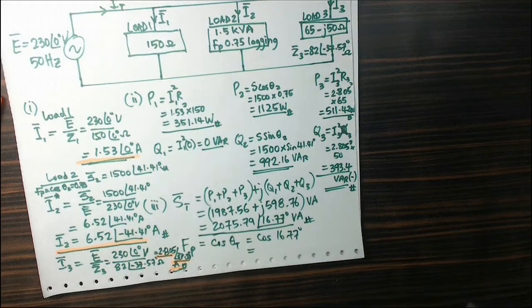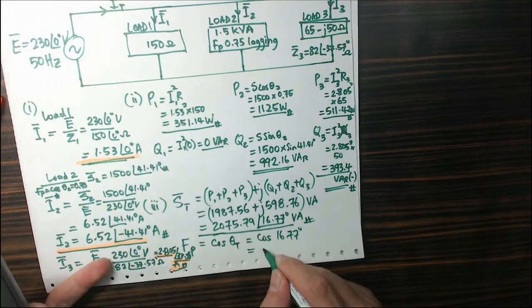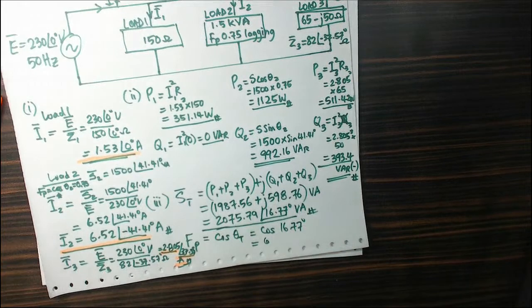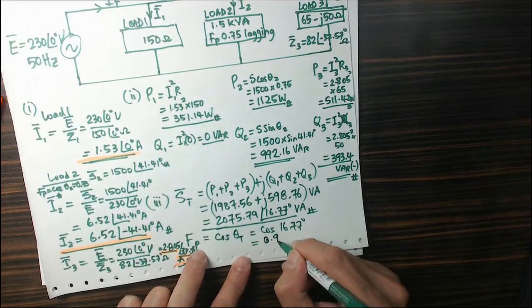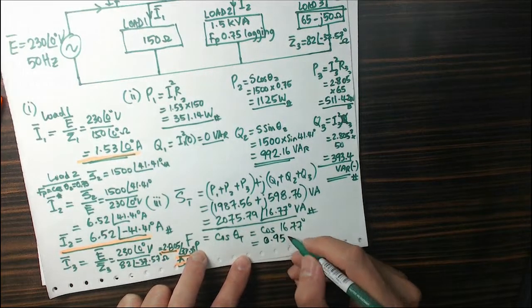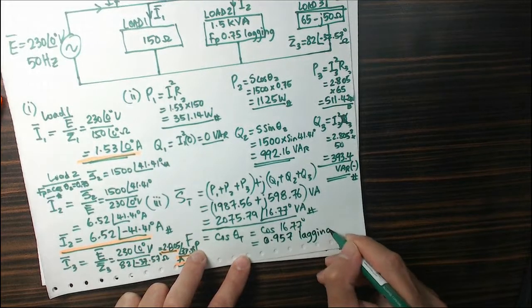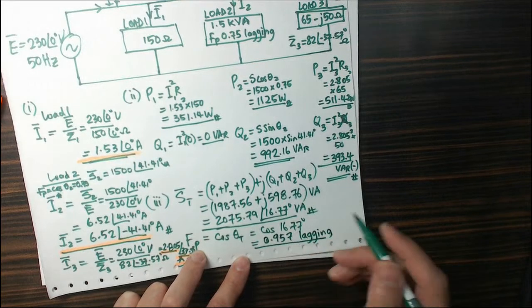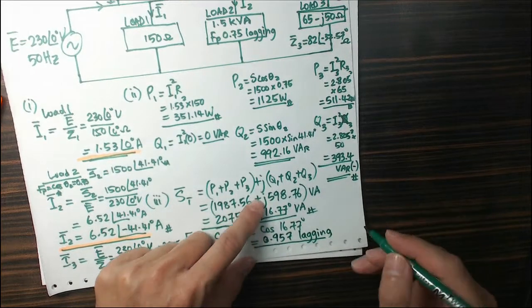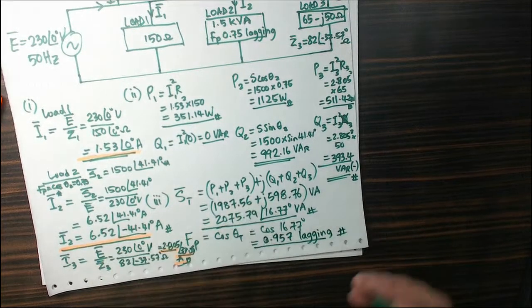Cos 16.77 gives me 0.957, lagging because it's positive J, lagging.